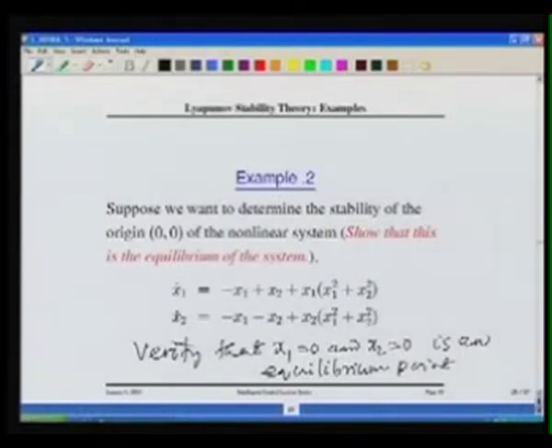You can easily see that, because if these are all zeros, then this also becomes 0. So, obviously, this is an equilibrium point. Now, the question is, how stable is this equilibrium point?